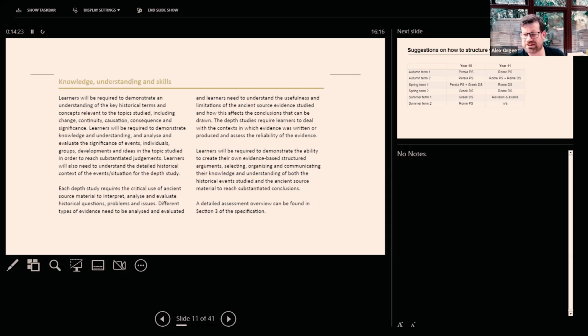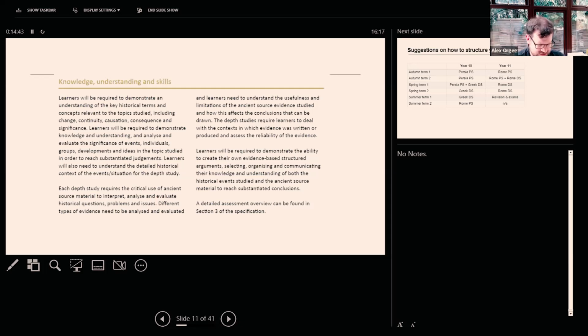So very similar to some of the skills already outlined for the period study, but also there is the expectation about the critical use of ancient source material to interpret, analyze, and evaluate historical questions, problems, and issues.